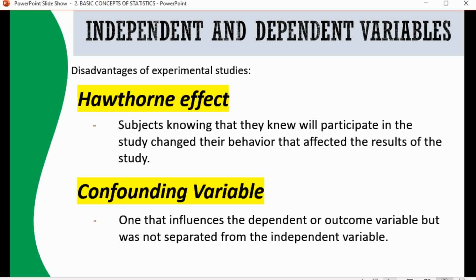Are they smoking? Are they sleeping well? Do they exercise? And since your independent variable will only focus on the diet, the other three that I mentioned could greatly affect the reducing of weight factor. But then that's not part of your study, so you have to be careful about this when you perform research, because this will make your research not conclusive.